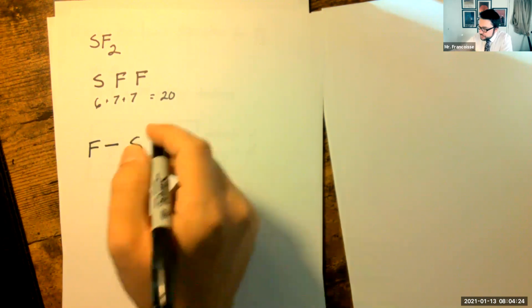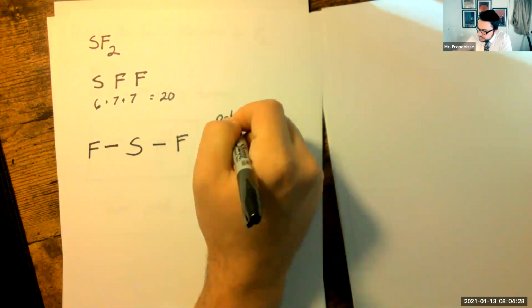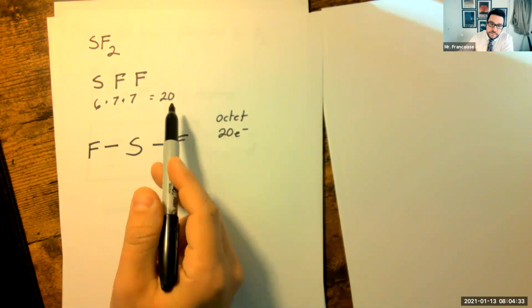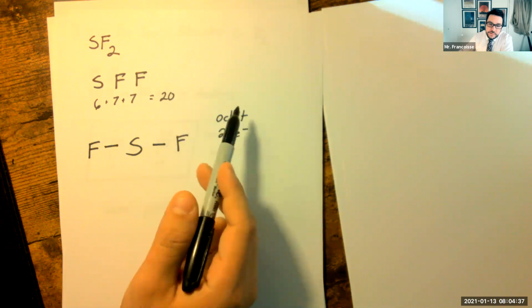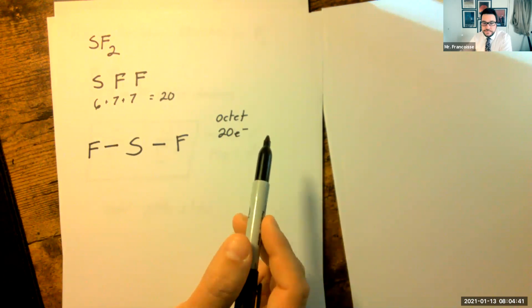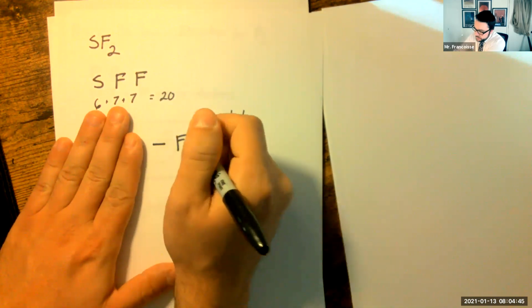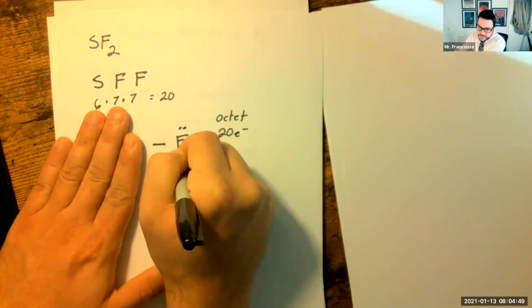And then we go through and we check off our two pieces. We want to use all of these 20 electrons, and we want to make sure that we have our octet. So remember, octet is the rule of 8. Let's go around. Fluorine, we have 2 in the bond, 4, 6, 8, so that works.